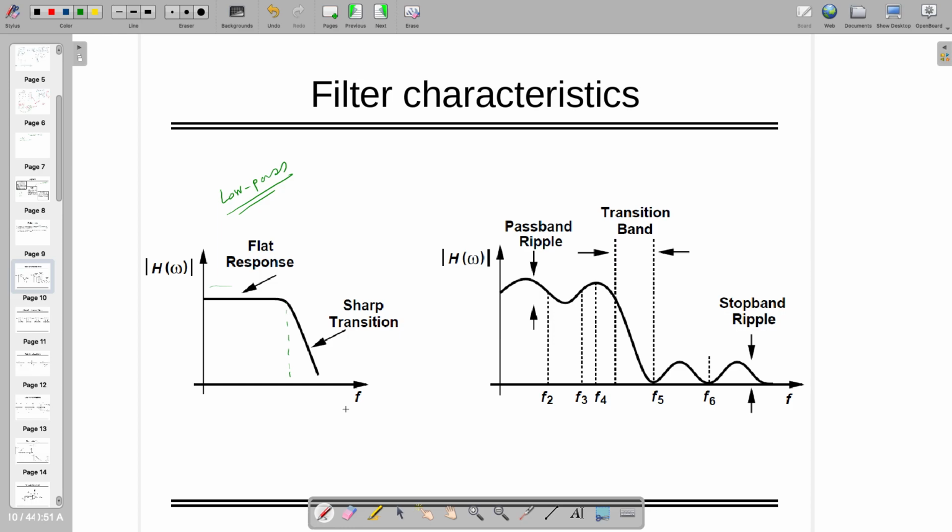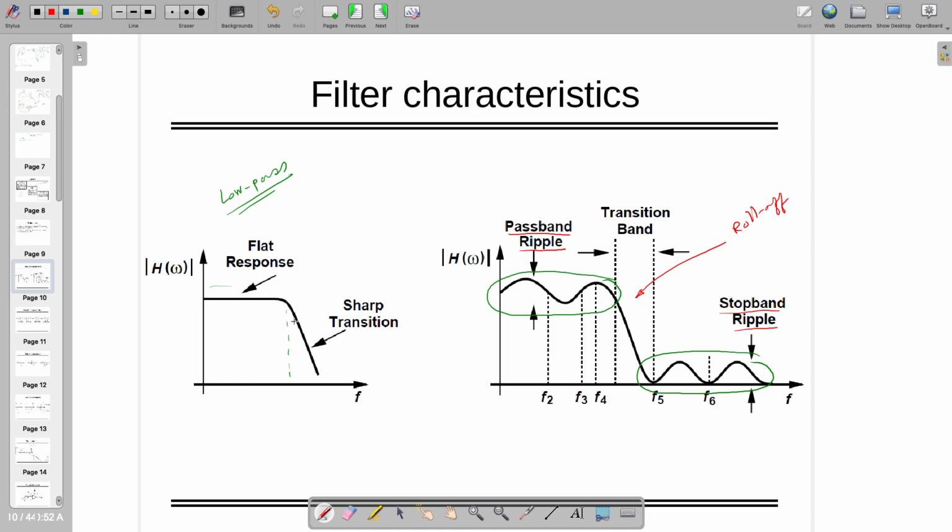But as this order is increasing, or as you are keeping the poles and zeros at a particular location, this might change the response. So it may not be flat at these two particular places, and you may have some transition band. We are going to call this transition band roll off, and this is pass band ripple and stop band ripple.